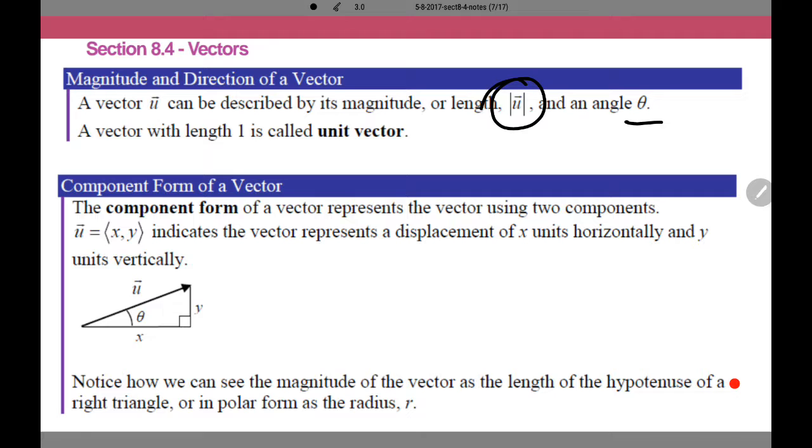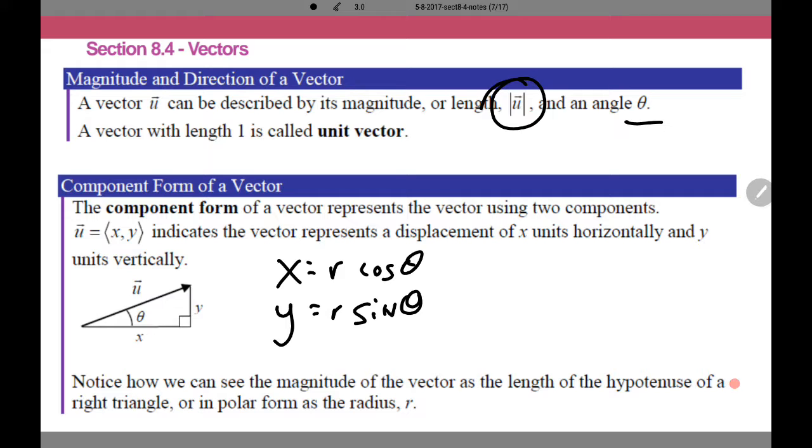This is a lot like polar coordinates. So our component form here, we've got our direction, our u, our hypotenuse is r like it is in the polar form, that's our magnitude, and pretty much our x is going to be r cosine theta, and y is going to be r sine theta. And that'll make our lives a lot easier because we're already familiar with that.